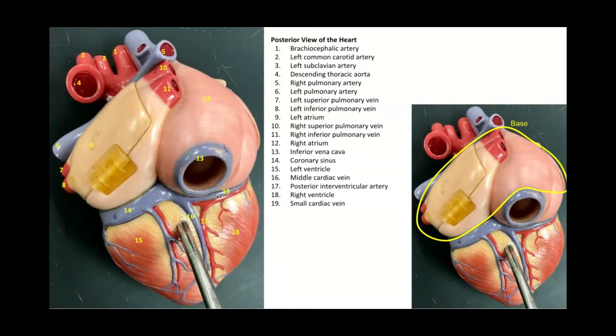Number 19 is called a small cardiac vein because it's small in its size, and number 14 is called coronary sinus. This is a large vein which brings the oxygenated blood of the heart wall to the right atrium. And I told you that here we have the apex of the heart, and this part, which you can see the label, is called the base of the heart. The base of the heart is the place where the blood vessels can come inside the heart or leave our heart.